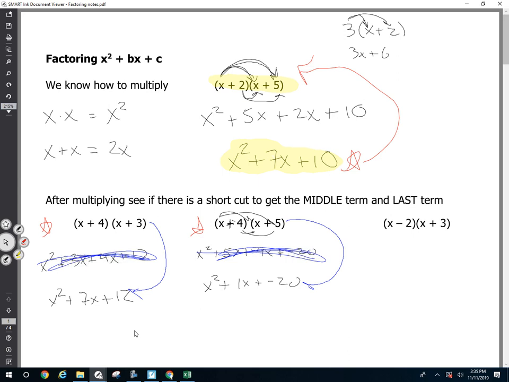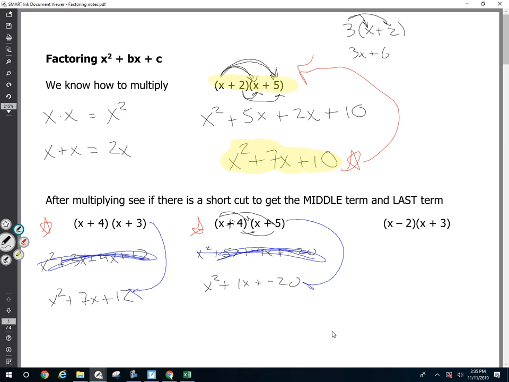What do we do? What can we do? Mr. Steck, what'd you do? How'd you get straight from x minus 2 times x plus 3 to an x squared plus something x plus something? I don't know if it's right, but I just multiplied the two x's and the numbers, and then just kind of added.